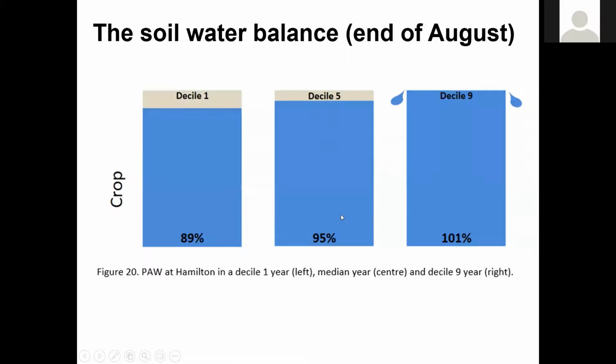So if you had some plant water there, even in a decile 5 year, you would have a full soil profile. In a decile 9 year, you're going to be saturated and pushing into that waterlogging zone, so to speak, past field capacity. It's only in those dry years where you don't actually get to full plant available water. So this has been calculated for a whole lot of sites across southwest Victoria.